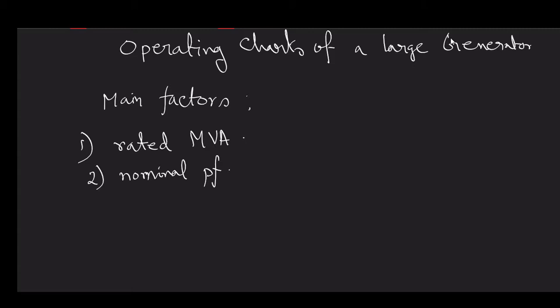Suppose you know that your infinite bus bar is going to supply or cater to the demand of a particular load line, then based on these two factors, you can determine the load shared by this particular generator.